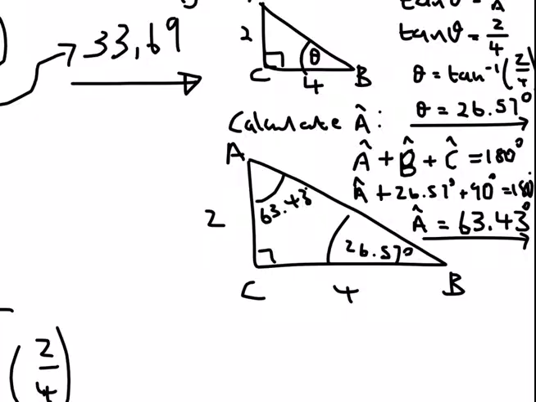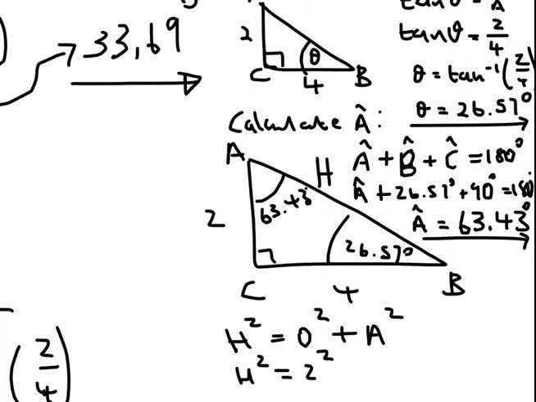Guess what? I've just calculated the two angles. I have almost everything about that right angle triangle. The only thing which is missing is the value of the hypotenuse. So the question now is, how are you going to know that side AB being the hypotenuse? Easy. I will use the theorem of Pythagoras, which says that hypotenuse squared equals the opposite side squared plus the adjacent side squared.